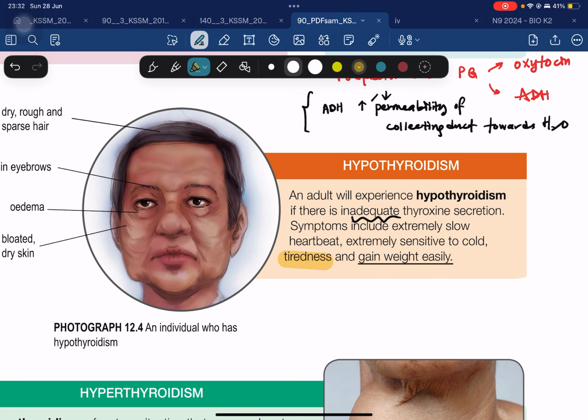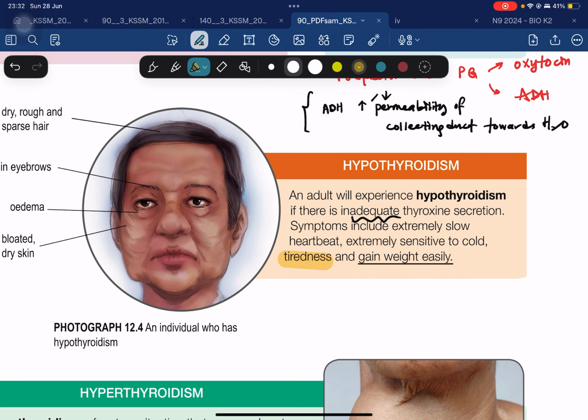So when your body cannot produce enough thyroxine to assist and regulate your body's metabolism rate, for sure you will gain weight easily, because the metabolism cannot run easily and smoothly.